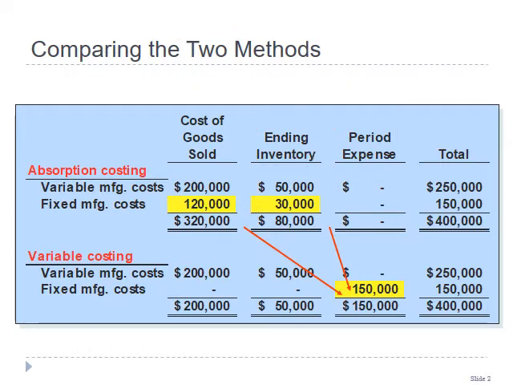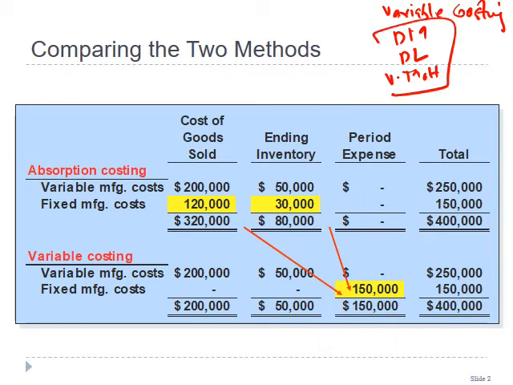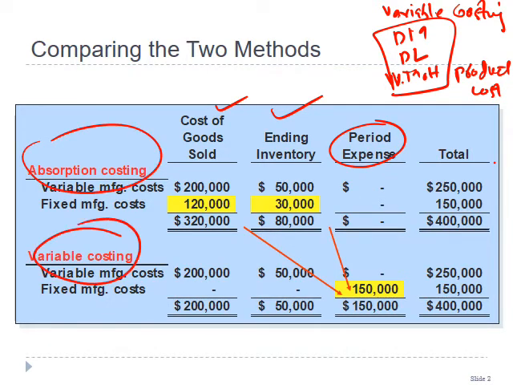But under variable costing, direct material, direct labor, only variable manufacturing overhead is our product cost. It means fixed manufacturing overhead on both ending inventory and cost of goods sold will be period expense, right? So that is the biggest difference between these two costing methods.